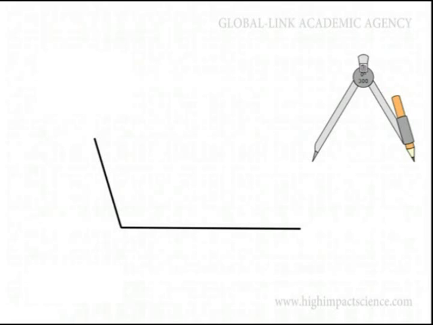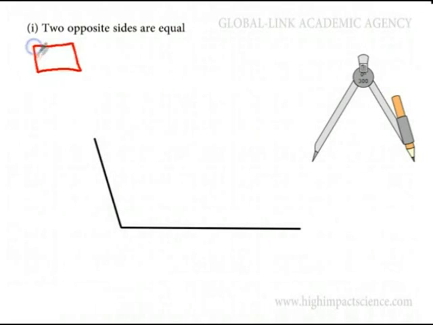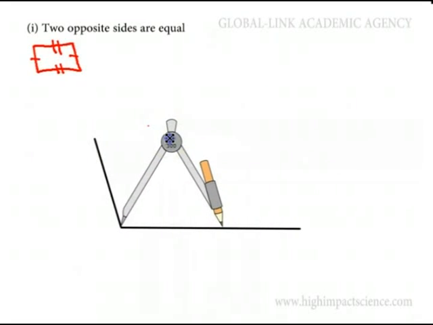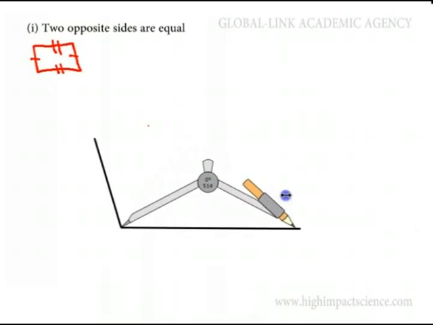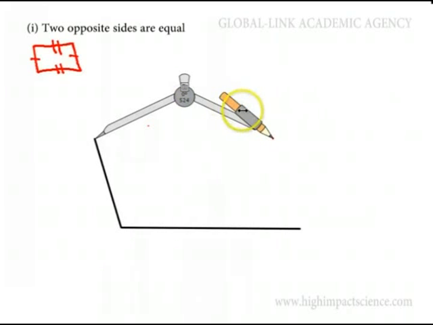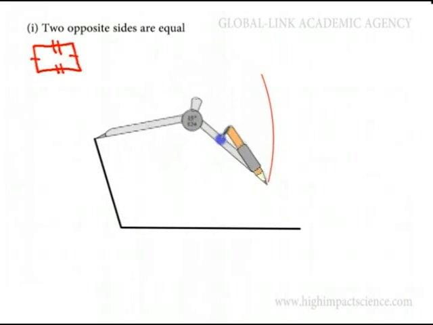The first method is based on the knowledge that the two opposite sides are equal. So I will need the upper side, which must be equal to the one I already have. So I measure this length, take the compass up here and mark an arc.